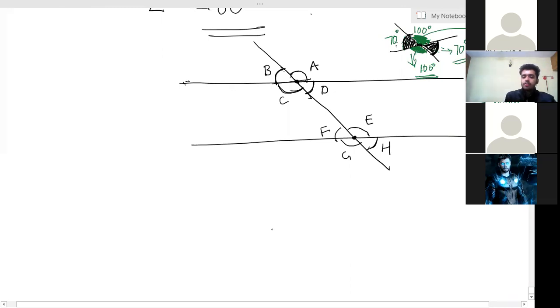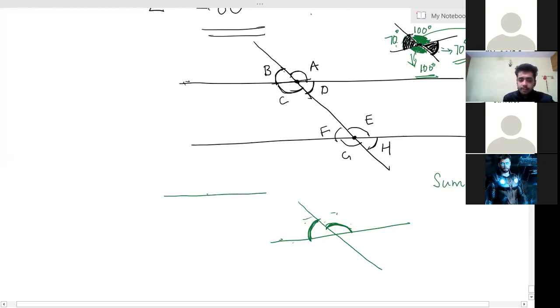Good. So now, again, I'm going to draw the same thing. Now imagine I've given you one angle. What is the sum of the angles in a straight line? Suppose I have a straight line.